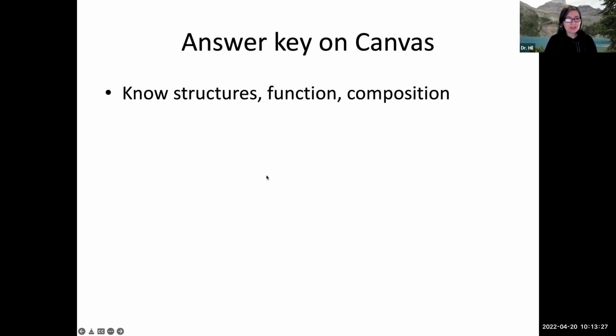Sarah, do you have a question? Yeah. So do you have to know them for the exam, like the structure and function? In a way you do. So let me see if I can clarify what you need to know. I'm not going to ask you a question like, what is the function of the endoplasmic reticulum? Or, what is a vesicle for?